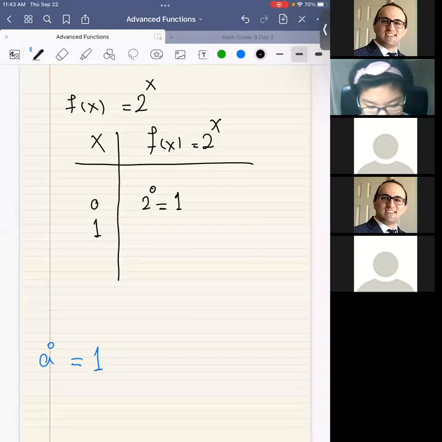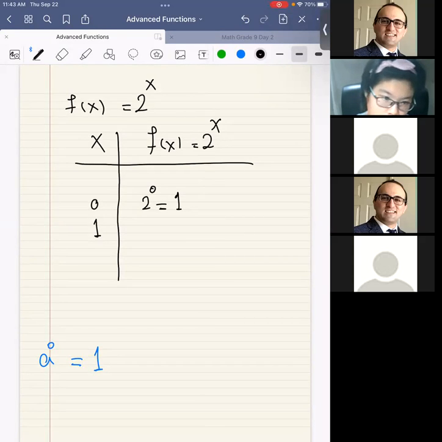Then f of x would be 2. What about x equal to 2? 4. What about minus 1? 1 over 2.